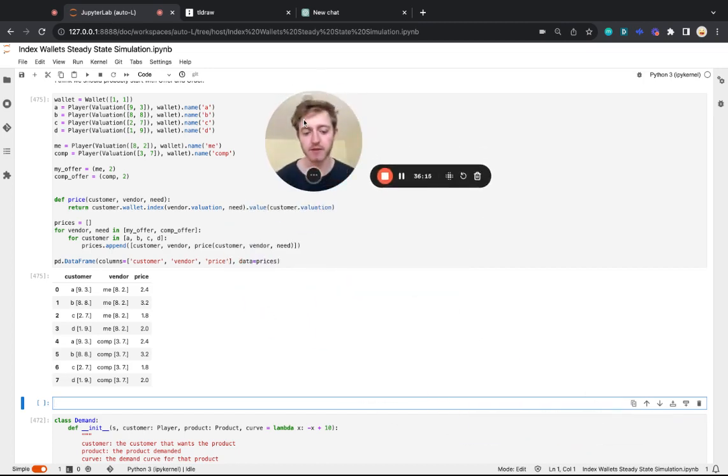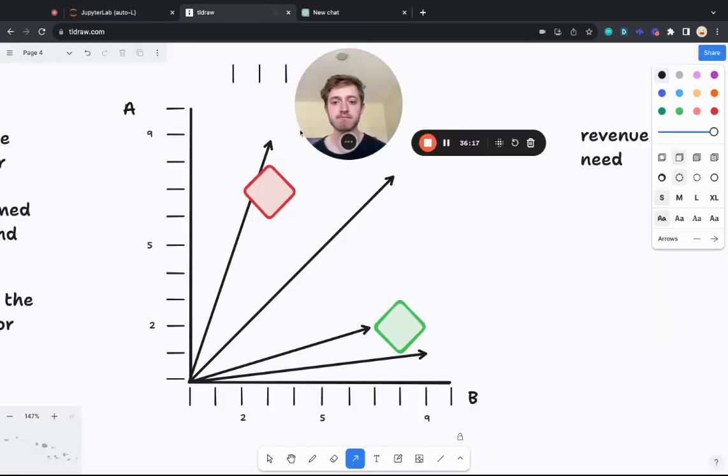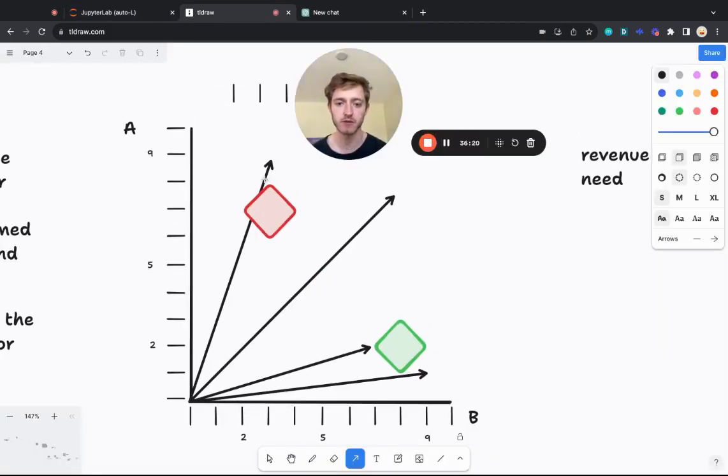The next step is going to be to try and visualize each of these prices with respect to these players. And if we can do that, then it'll make a lot of sense.